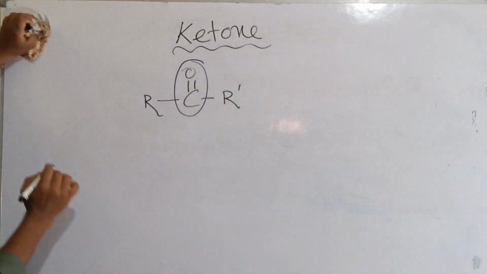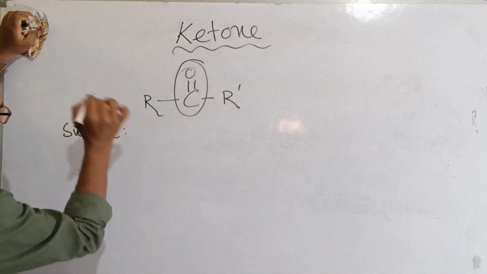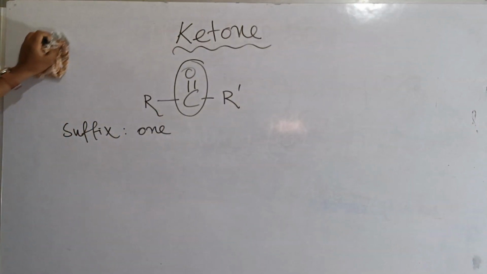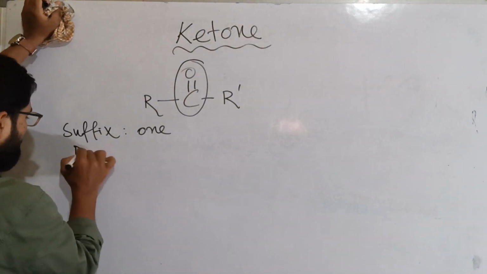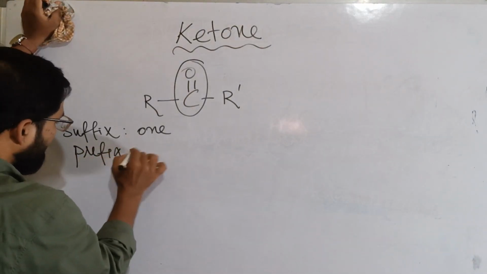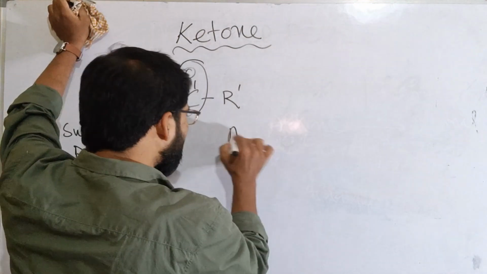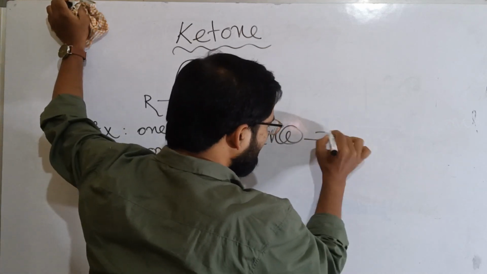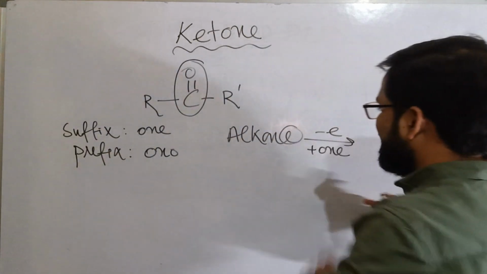So here the suffix will be one, and the prefix will be oxo. Similarly, from alkane, you have to remove E and add ONE. It means alkanone.